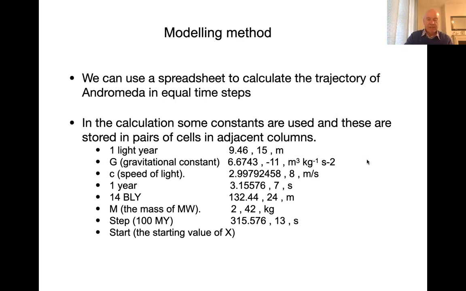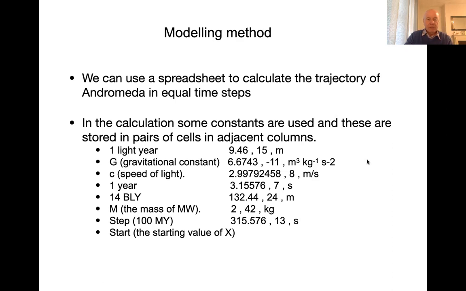And I find it very convenient to have, for example, 1 light year, 9.46 times 10 to the 15. So I use 2 spreadsheet cells, one containing the number 0 to 10, and the next cell containing the power of 10.